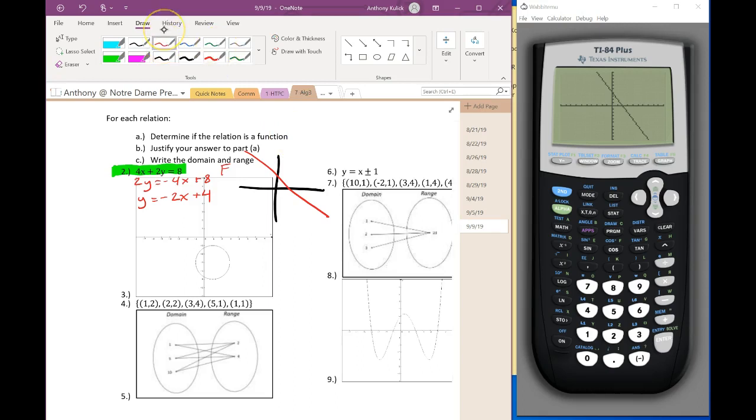And then lastly, for C, write the domain and range. So if I'm looking at the graph, which is probably the easiest way to determine the domain and range here, to find the domain, we're talking about the x's. So I'm going to find the leftmost point on this graph. Is there a leftmost point on this graph? No. Why not?